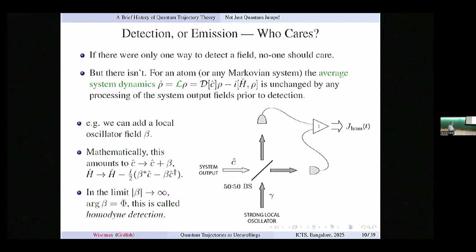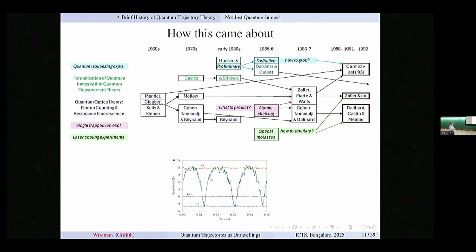So the limit where the intensity of that field, or the amplitude modulus, goes to infinity with a fixed argument, which we call the phase, is called homodyne detection. We typically actually do it with a 50-50 beam splitter and 2 detectors, but it's basically the same. So this is obviously a different way to measure the output field from the system and leads to a very different type of evolution, as I'll get to.